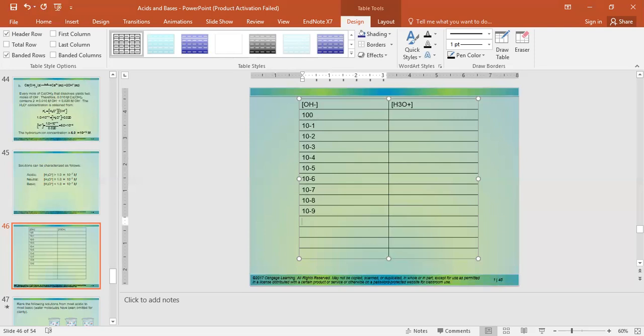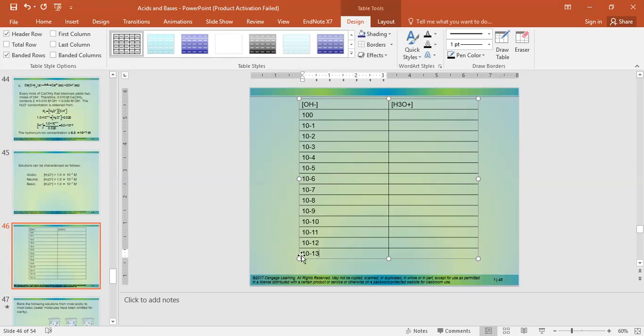Will they fit? 10 to the power negative 10, 10 to the power negative 11, 10 to the power negative 12, 10 to the power negative 13.